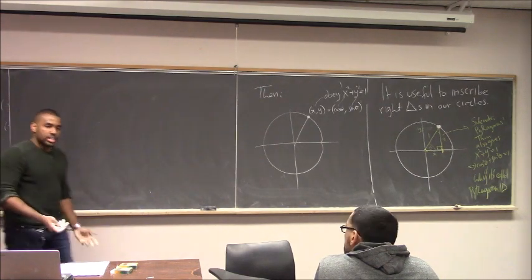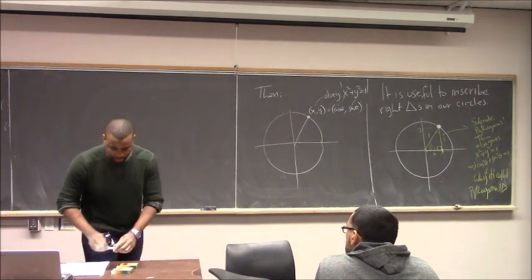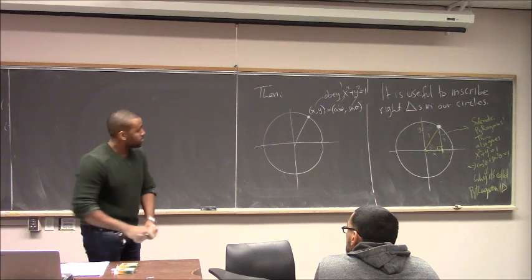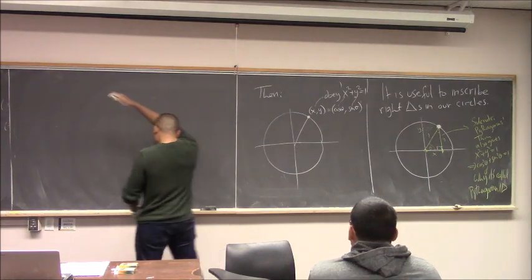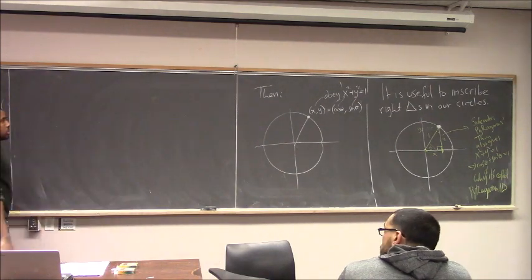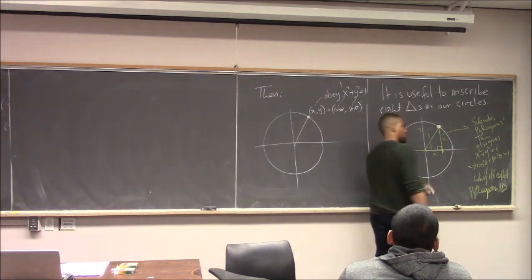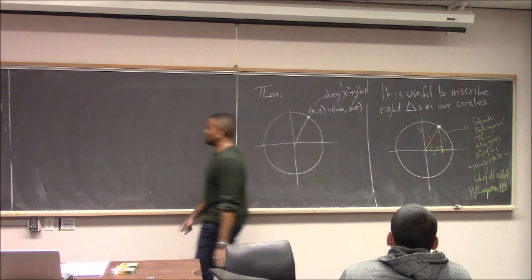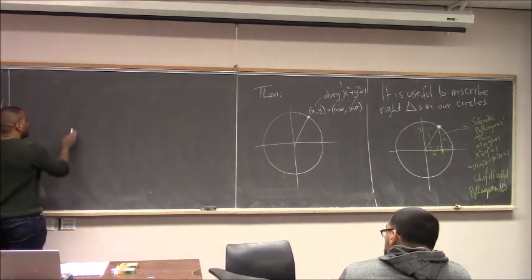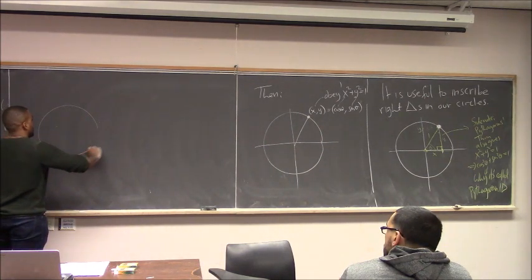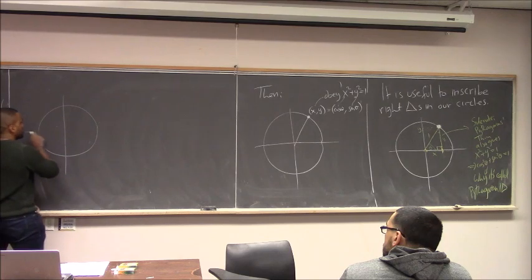So what do these triangles actually tell us about these trig functions? Here's one way in which this is super important. So imagine now I have the unit circle.